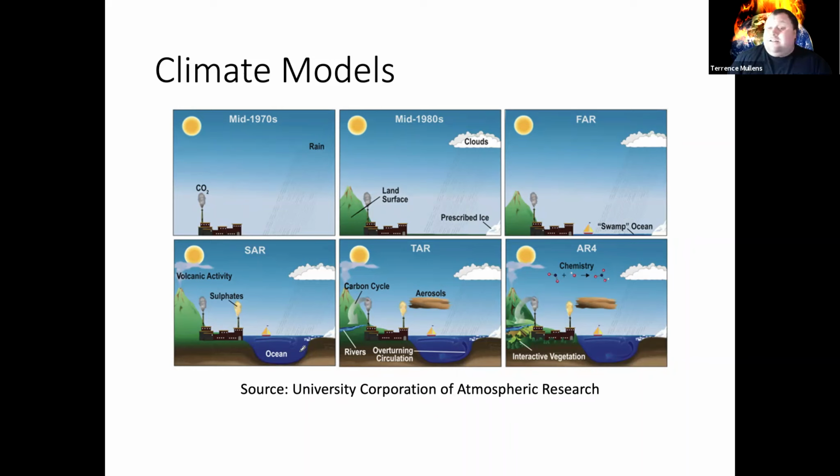We started turning the ocean into a more accurate depiction using global ocean currents and overturning circulations. Aerosols are tiny little solid particles in the atmosphere, and then eventually we added ocean chemistry. Each and every one of these components, we were able to, over time, integrate into these climate models.